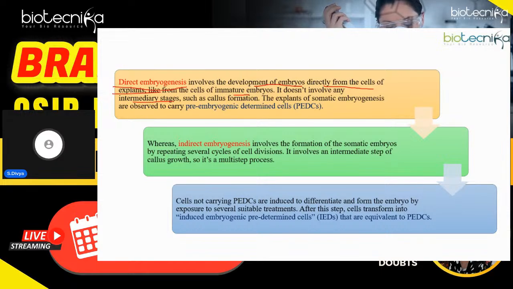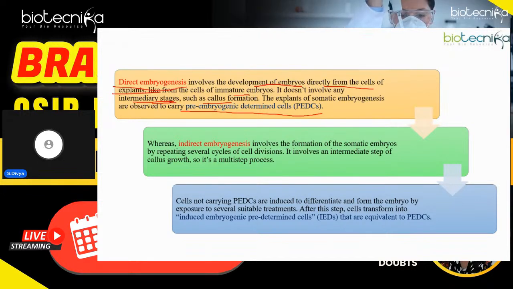It does not undergo any intermediate stages like callus formation, and that's the reason we call them pre-embryogenic determined cells, because their fate is already determined, what they are going to be.